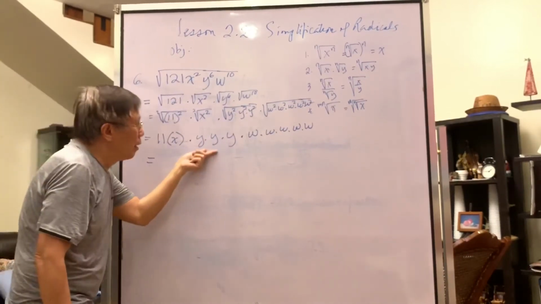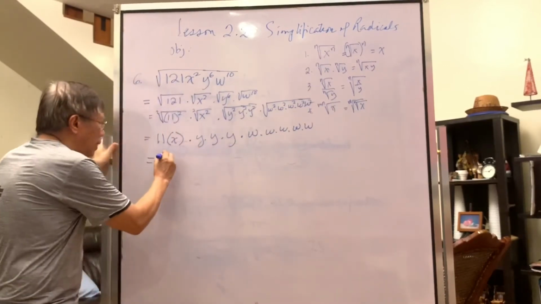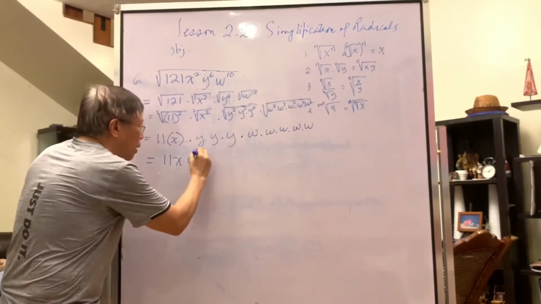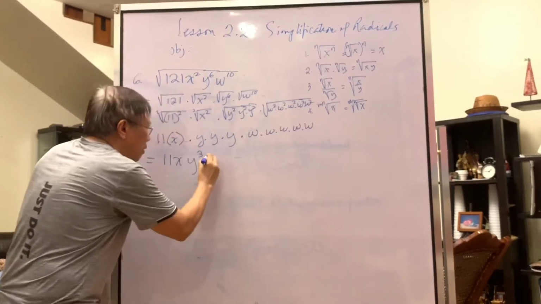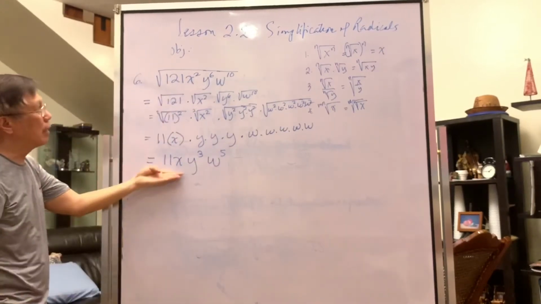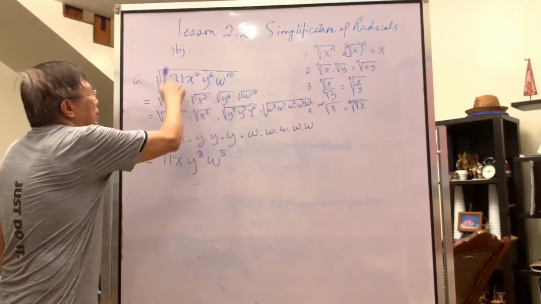Applying exponent law number 1, this is the product law, I can have here 11x and then a y cube and then a w to the fifth. This is the simplified form of this expression here.